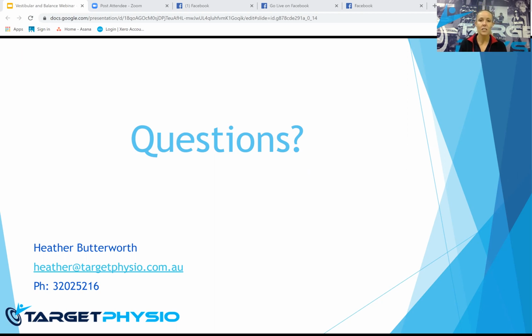Is there a relationship between physical condition or diet and vestibular conditions? With Meniere's, there is some research around changing your diet to change the amount of fluid build-up in your ear.